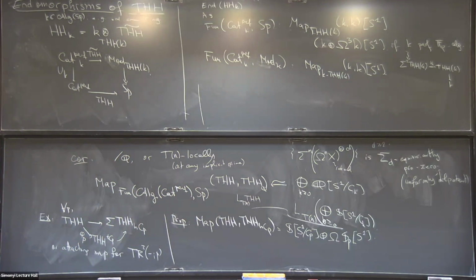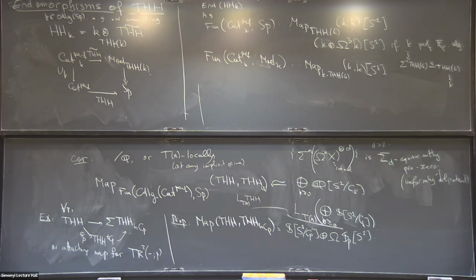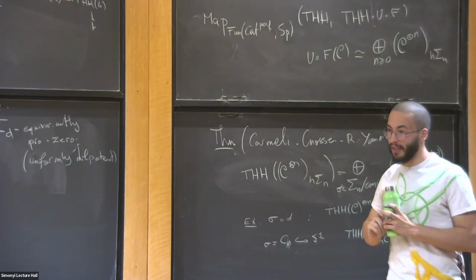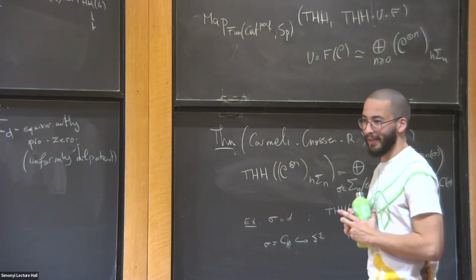You can decide to forget different amounts of structure, and one of the structures you can forget is just the monoidal structure, but you can remember the filtration. I guess you would have to compute the even filtration on this kind of ring. So I guess it's accessible by the same methods. I don't know if the answer is the same.